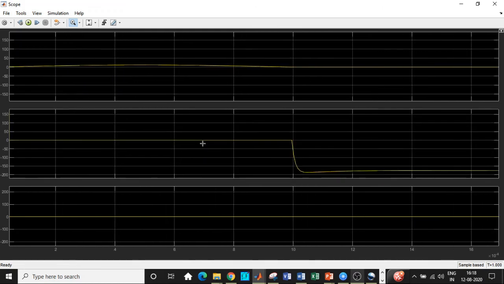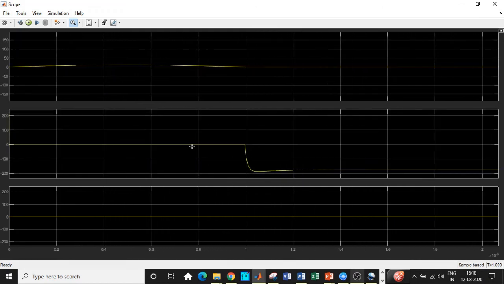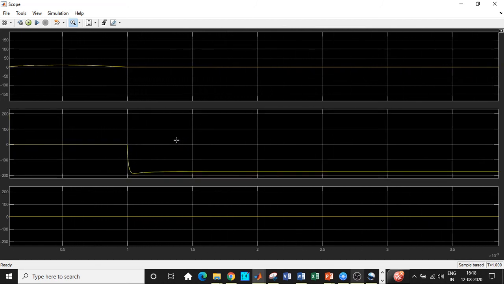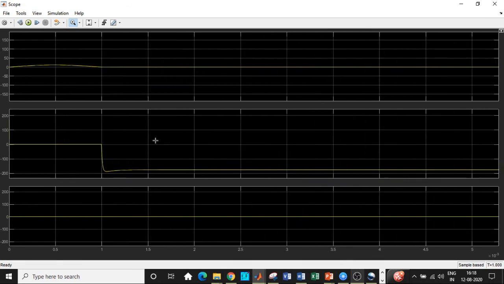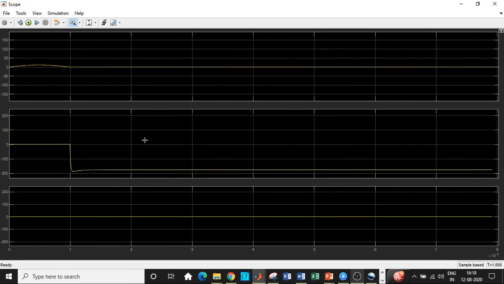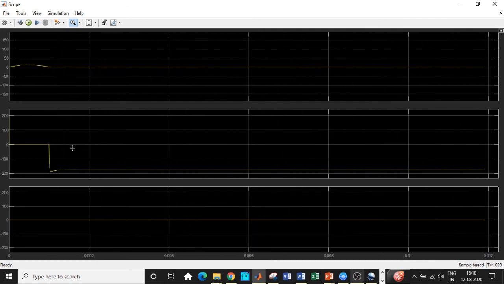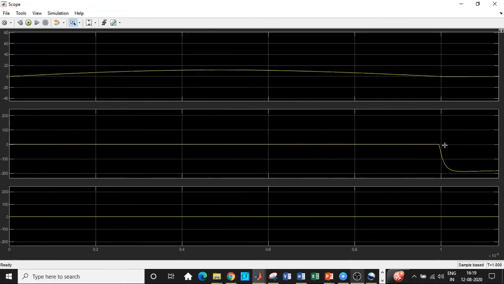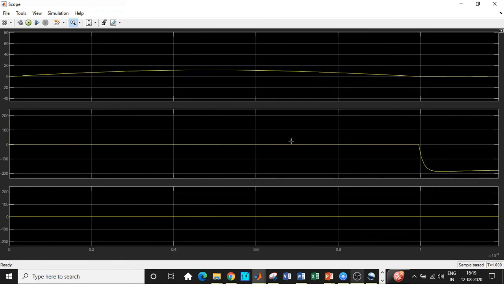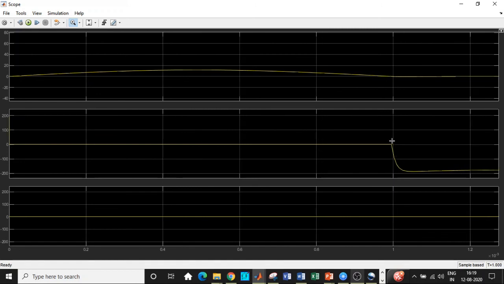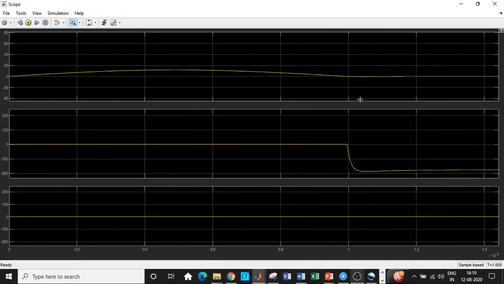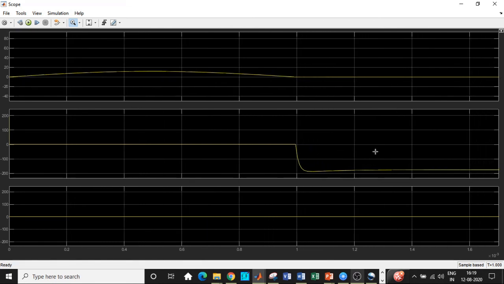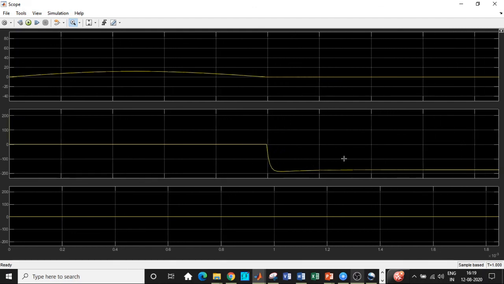If you carefully observe this waveform, the current is increasing up to a certain point, and whenever the pulse is not given to the thyristor, eventually at this particular point the current is increasing, and after some time, the voltage across the thyristor, initially equal to 0 because it is conducting, and once the current is decreased, eventually the voltage across the thyristor will be minus the supply voltage, that is approximately close to minus 200 volt.